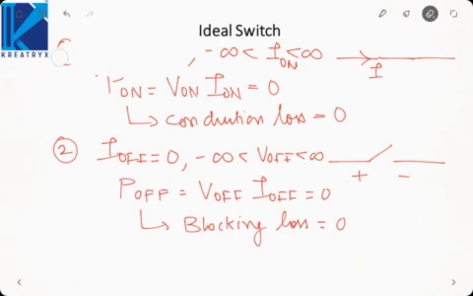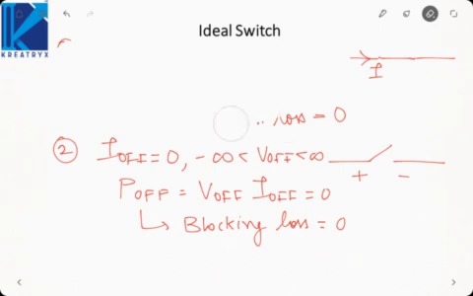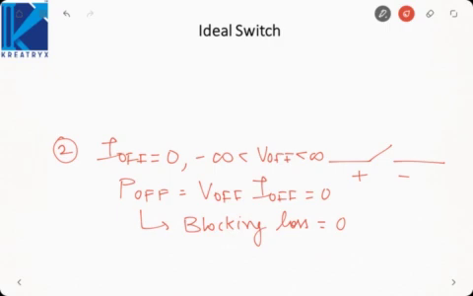Now when we study switching of these sorts of switches, we say that the switch is turned on at t equal to 0 or turned off at t equal to t naught. That means the switching is instantaneous. The change of state is instantaneous.